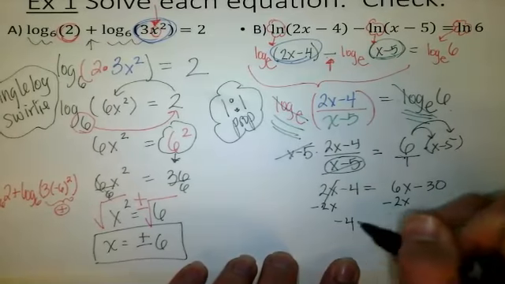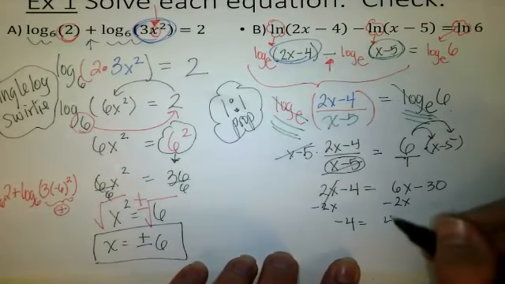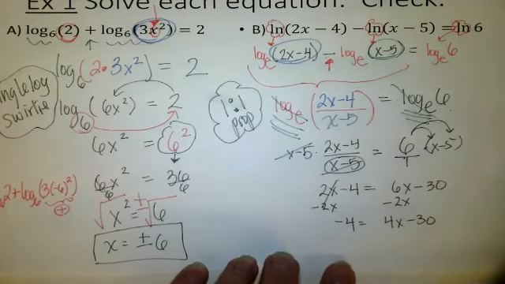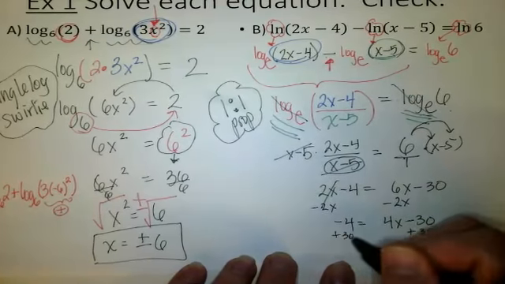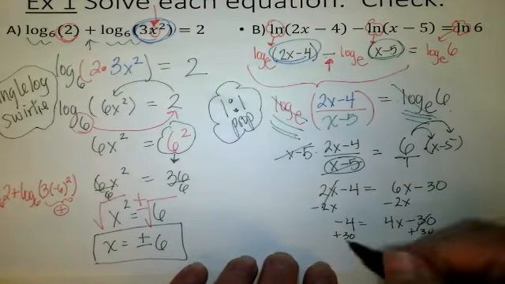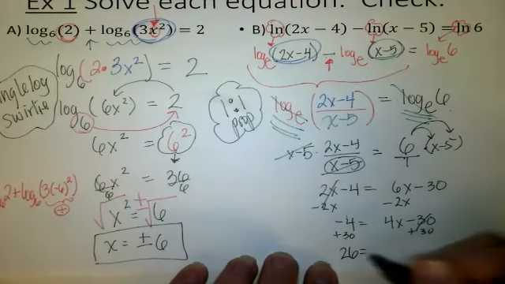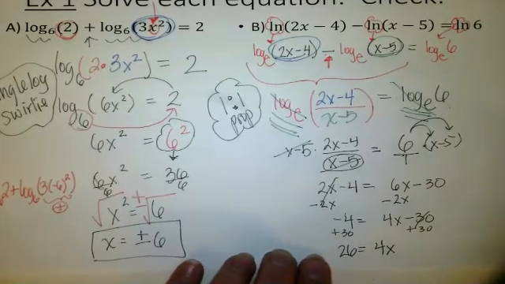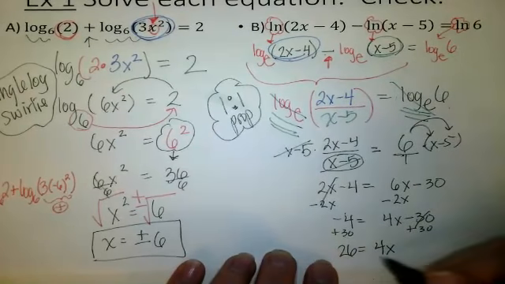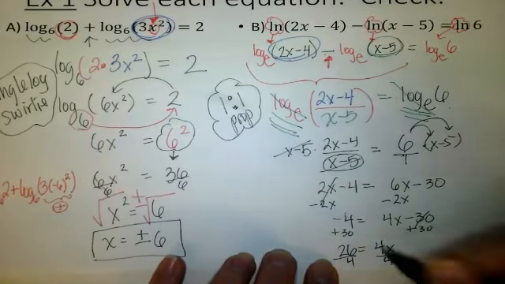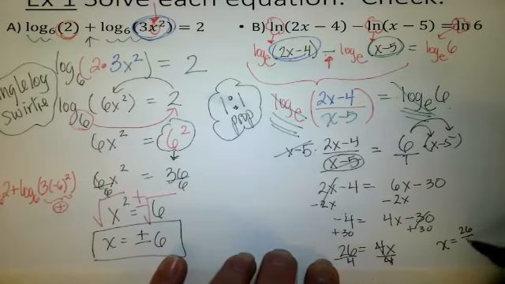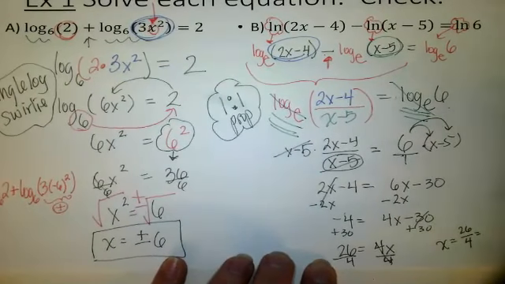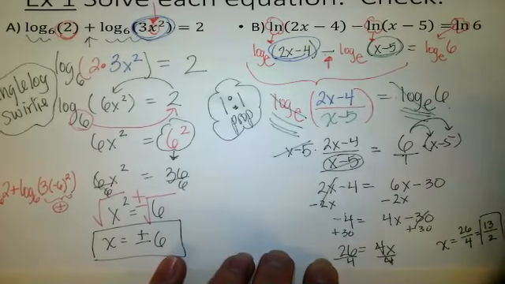So we have negative 4 equals 6x minus 2x is 4x. And then we can add 30. 30 minus 4 is 26 equals 4x. And then we need to divide by 4. So we get x equals 26 over 4, which reduces. You can divide by 2, 13 over 2.